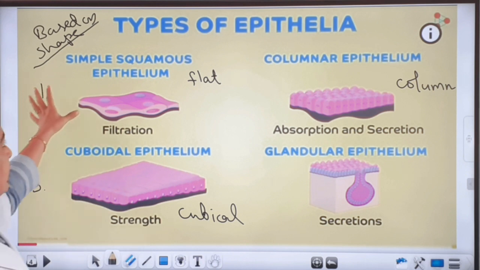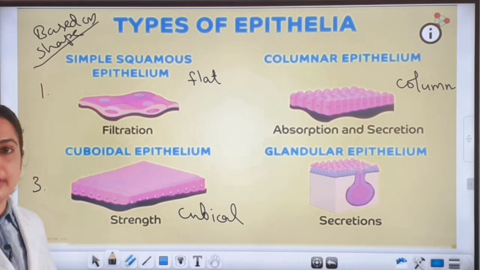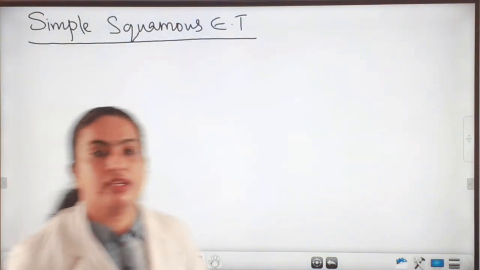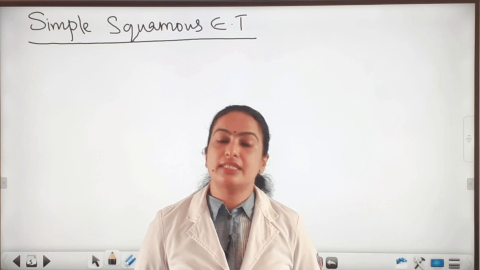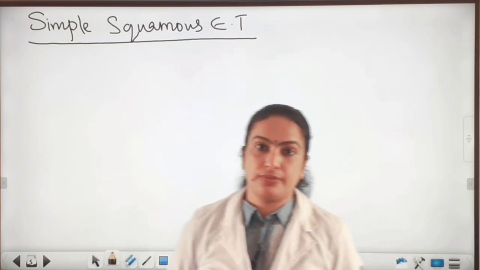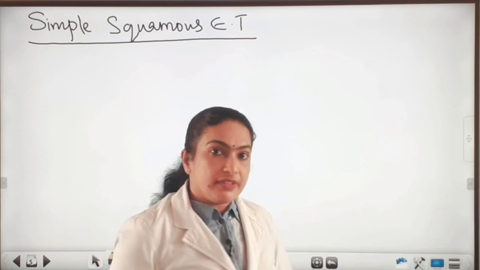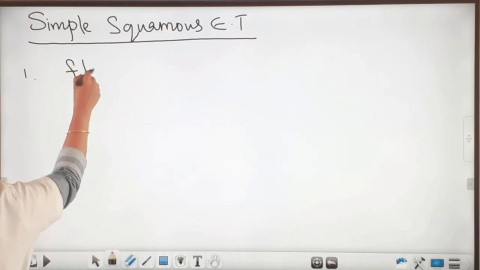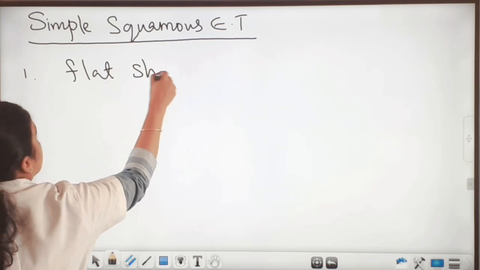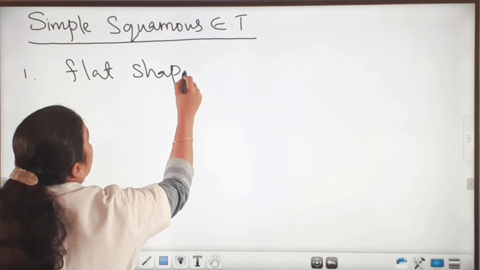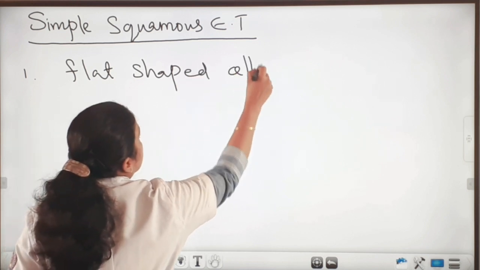Now we can see simple squamous epithelium in detail. The simple squamous epithelium is a type of epithelial tissue. First we can say about the shape: it is made of flat shaped cells.